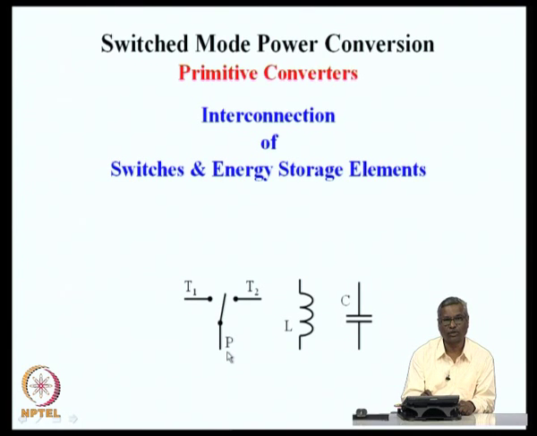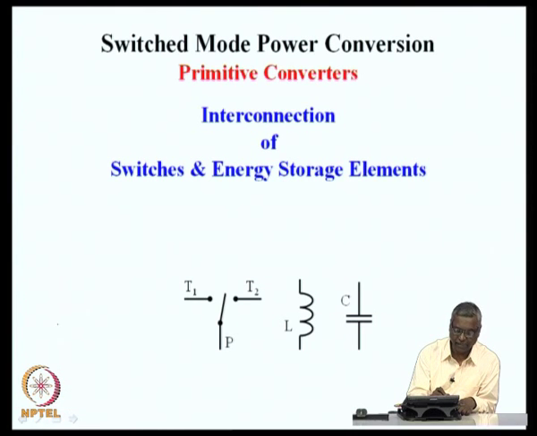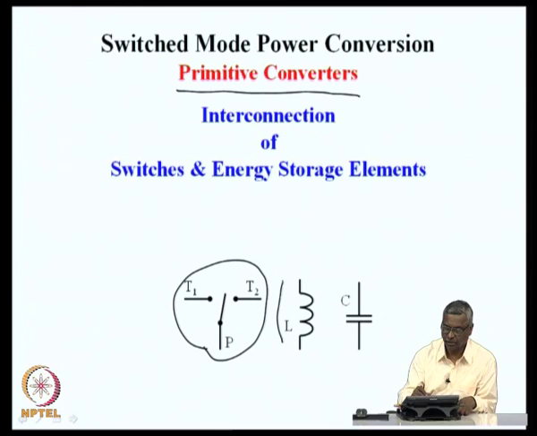which is denoted by P. A very simple power converter will consist of one switch and at least one energy storage element. So, we might put together for the purpose of our simple understanding a primitive converter. What we are going to now study in this session is about a primitive converter, and this converter will consist of a single switch and one inductor.